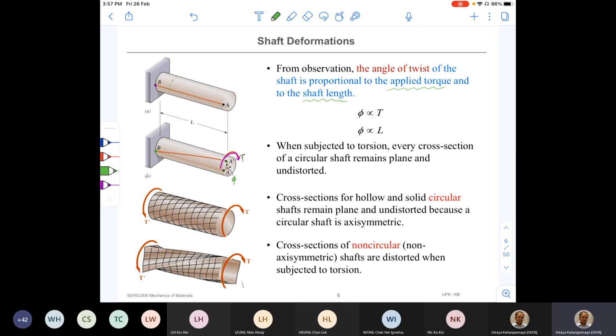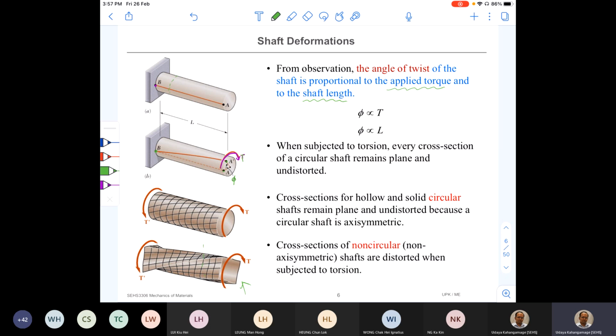If you look at a shaft with a square cross section, after deformation, if you cut from any section, you will not see a square anymore. It has been distorted, right? So the stress and strain relationship that I'm going to derive now is not going to be applicable for other shapes. It is only for circular shapes.